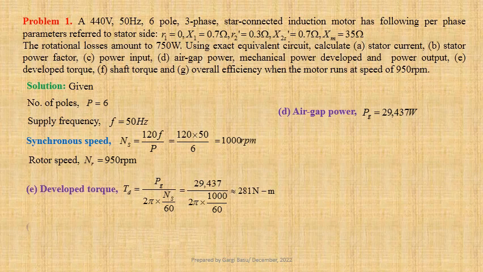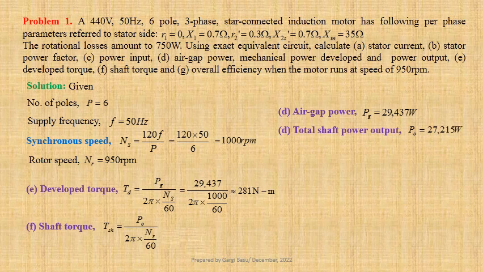Expression for shaft torque TSH equals PO divided by 2 pi into NR by 60. We have obtained total shaft power output PO equals 27,215 watts.